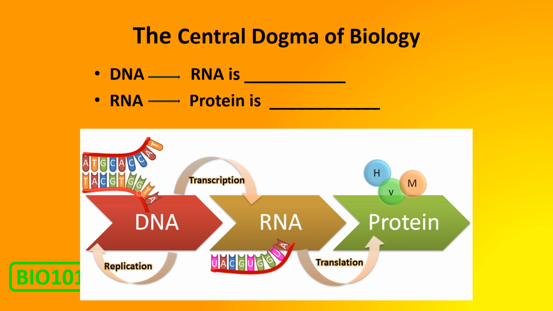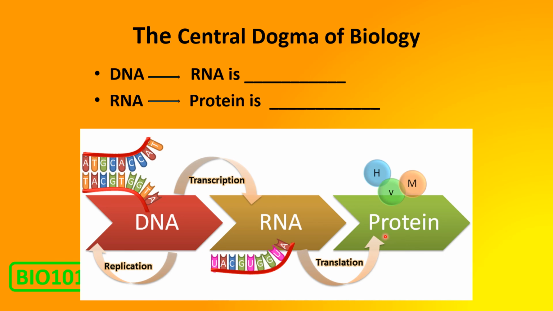It's got to come apart before you can transcribe it. RNA is single-stranded. All right, and then from RNA, that's the messenger RNA, lowercase m, uppercase RNA. And the process, when we take the message of RNA and you make a protein, you're translating that message. So you translate the message into the protein.